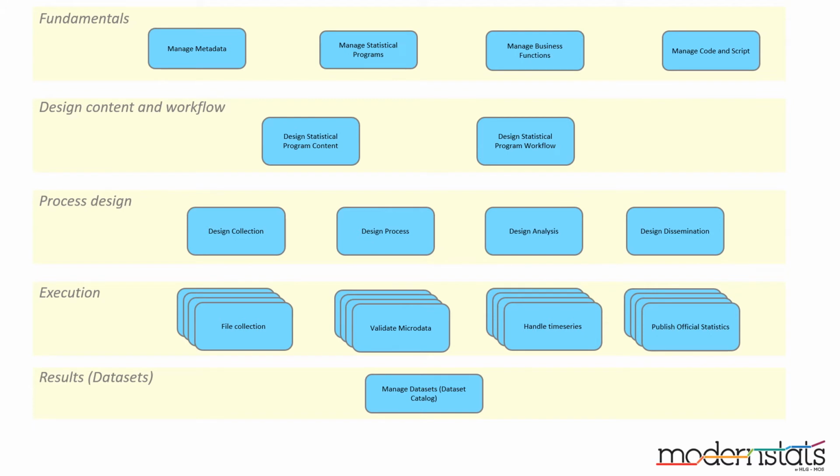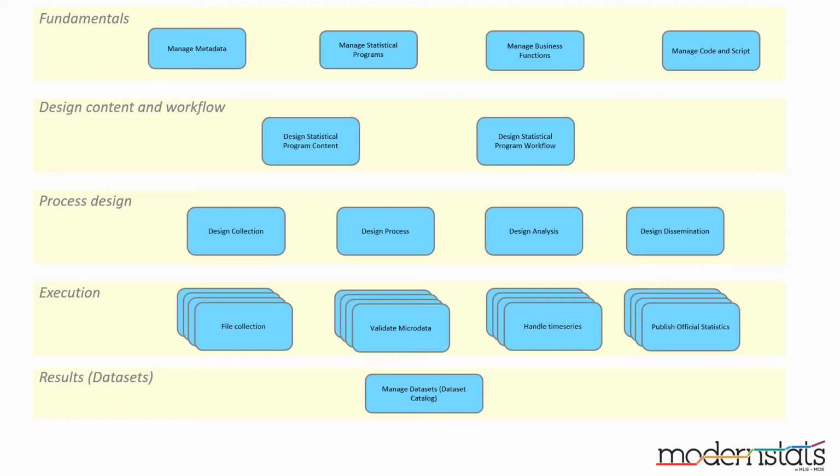Okay, here is a layout which we can use to illustrate how the capabilities are collaborating. At the top you can see the fundamentals, the core, you could say maybe, capabilities. Then you have capabilities for design, content, and workflow, and also the process design capabilities, and all the capabilities that are executing the design.